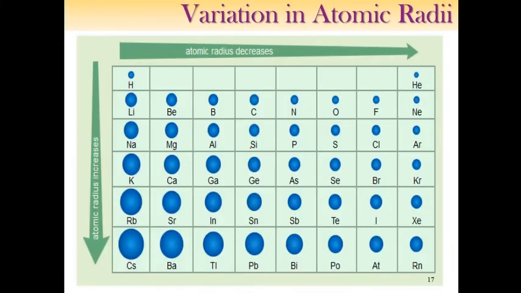So we can see from the table, when we go across the period, the atomic radius decreases. When we go down the group, the atomic radius increases.